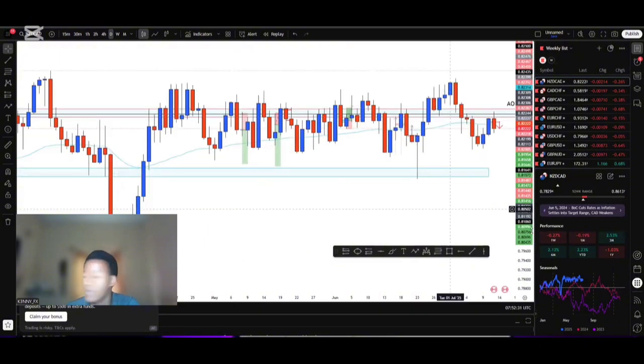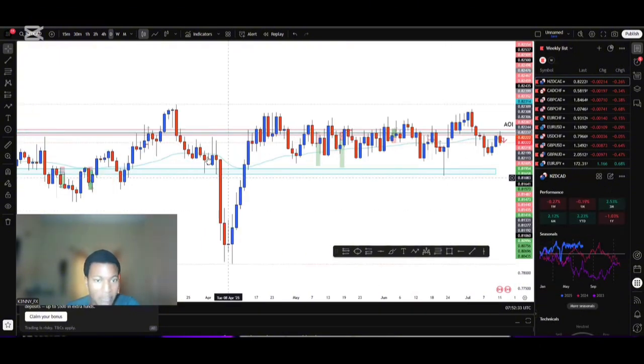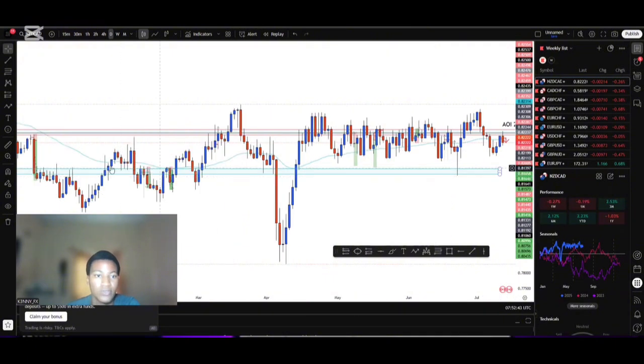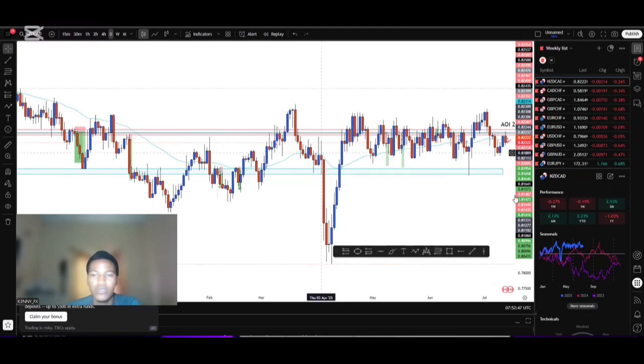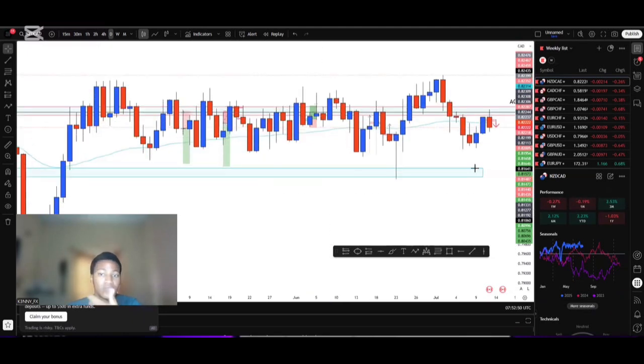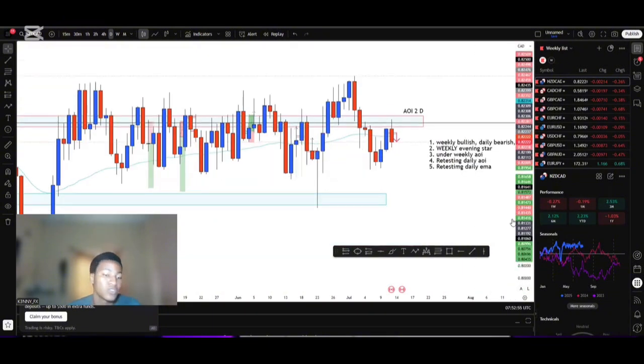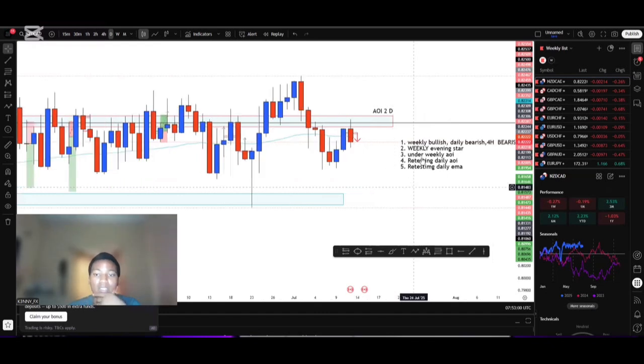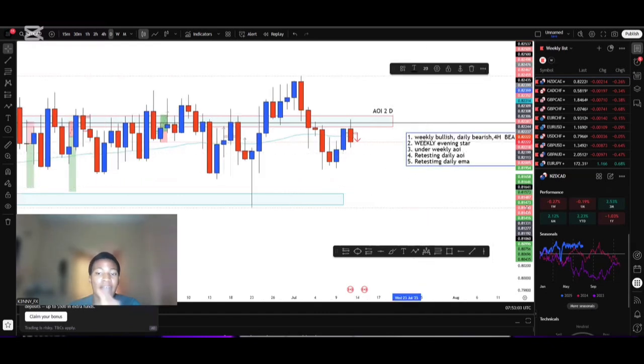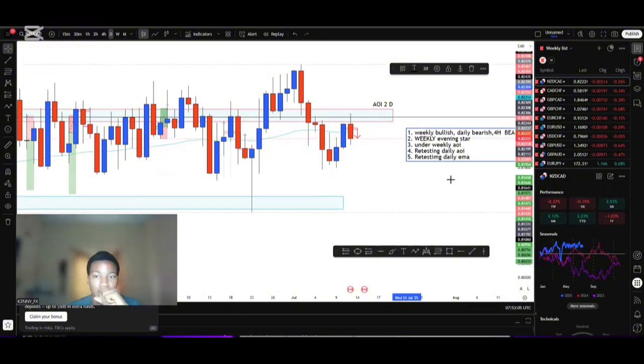If you go to the past, you'll see anytime price was below the EMA, it rejected it and sold. You will see that it happens over and over again. We're not basing the whole trade off that EMA, but it's an added confluence. We already have five confluences that we're interested in selling.